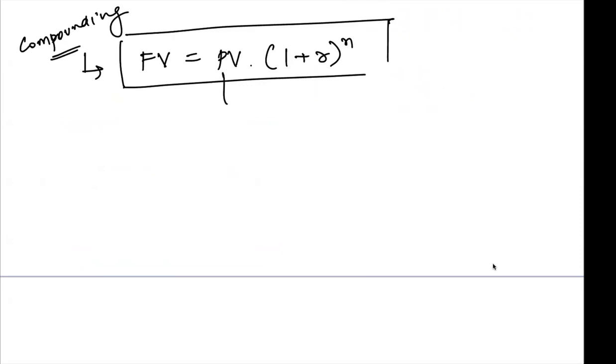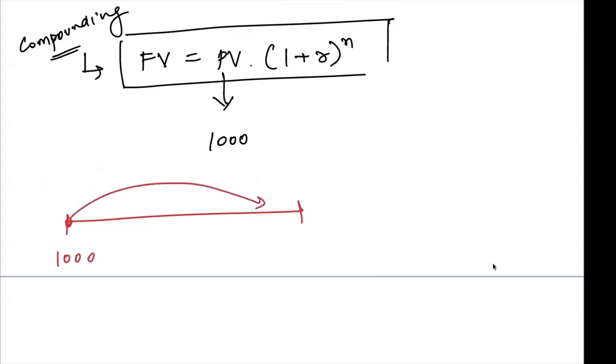What it means is, let's say you have $1,000 today and you want to arrive at the price 5 years after, and let's say the interest rate is 10%.